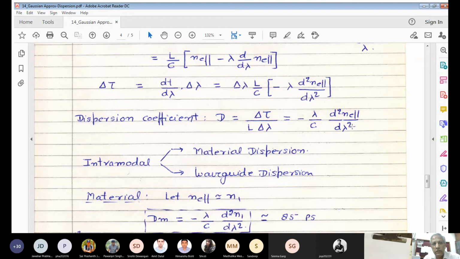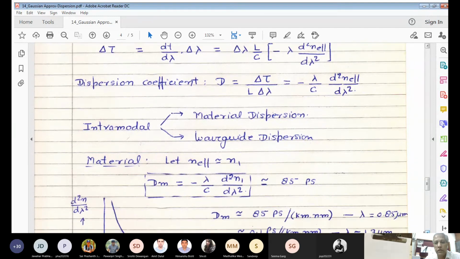So as V increases, the fractional modal power in the core increases, or in terms of lambda, as lambda increases, V decreases, and fractional modal power in the core decreases. That contribution is known as waveguide dispersion.